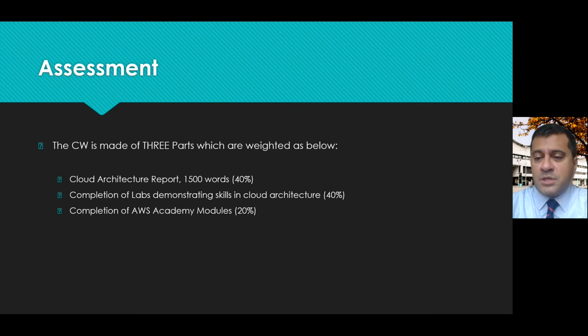You complete those quizzes, which you again do during the lab time, and that gains you an extra 20%. So by coming to the lab and doing these two activities, you've already gained 60% of the marks required for the module. And yes, in this module it is possible for you to get very high marks, because if you've done the lab, why should we not give you the full marks that you deserve? If you've done the AWS Academy modules, why should we not give you the marks that you deserve?